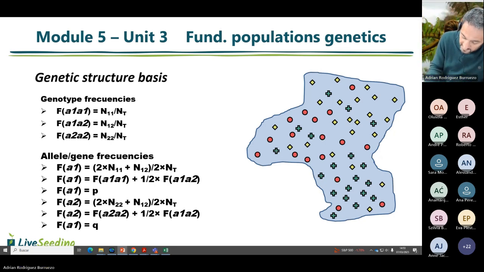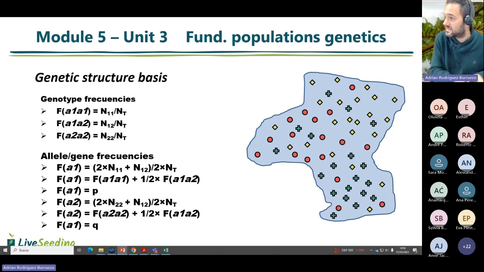So the frequency of genotype 1,1 is equal to 17 divided by the total number of individuals, 58. The frequency of 1,2 individuals is 22 divided by 58. And finally, the frequency of 2,2 individuals is 19 divided by the total individuals of the population, 58.